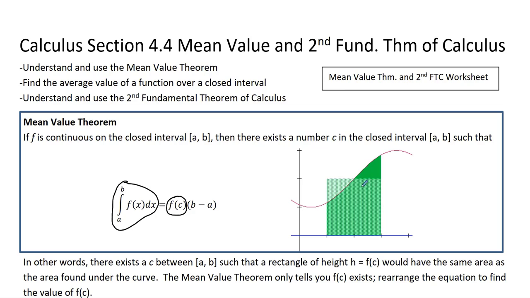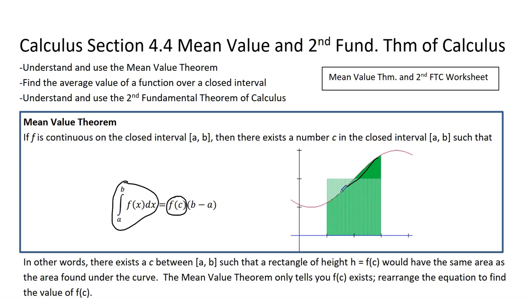So basically it's saying that this is f of c right here, and if I find the actual area of the rectangle from a to b, that's where b minus a is from, so b minus a is some value times the height of that rectangle, this is going to be equal to the area underneath the full curve.